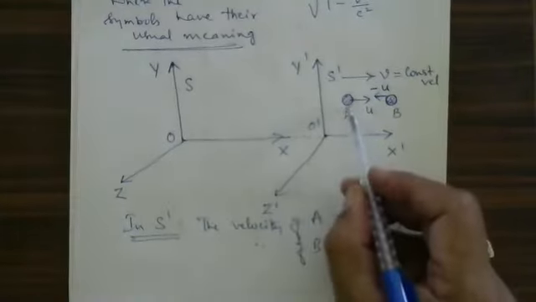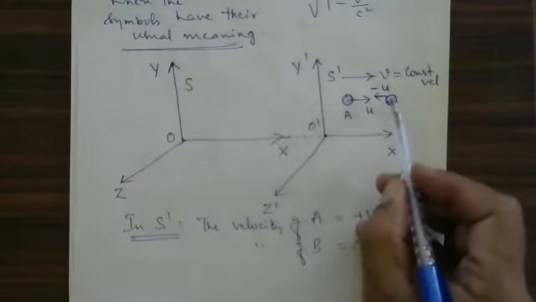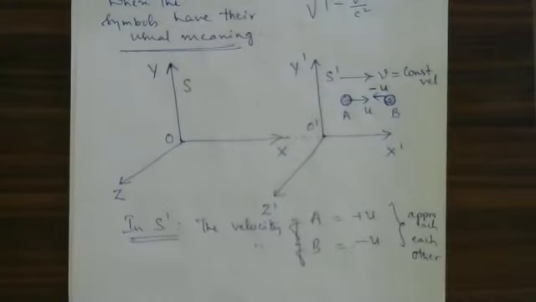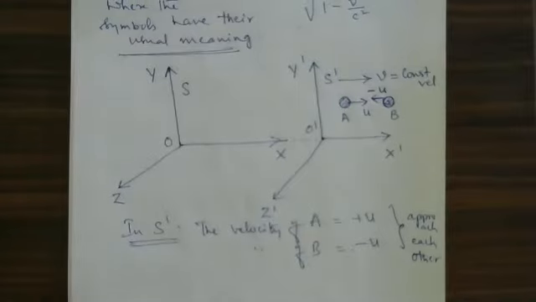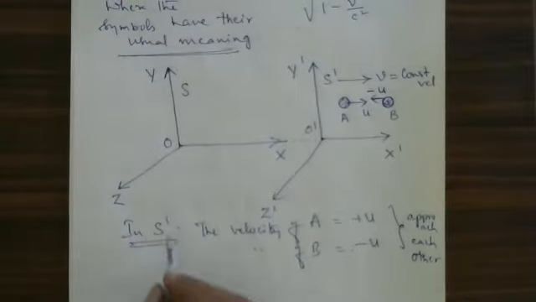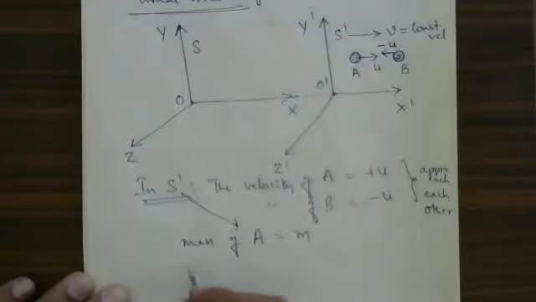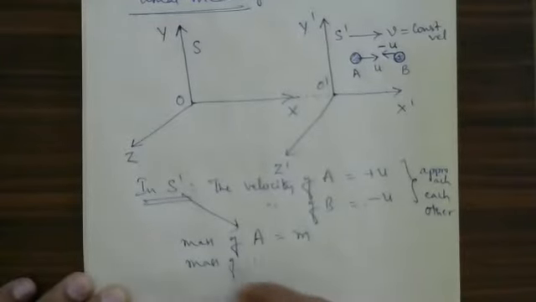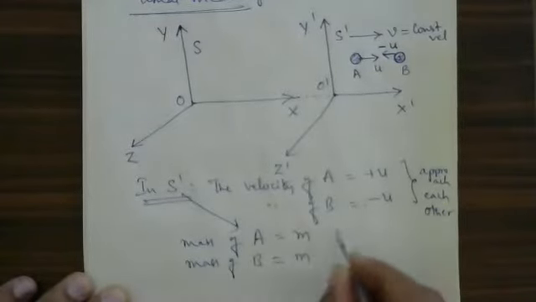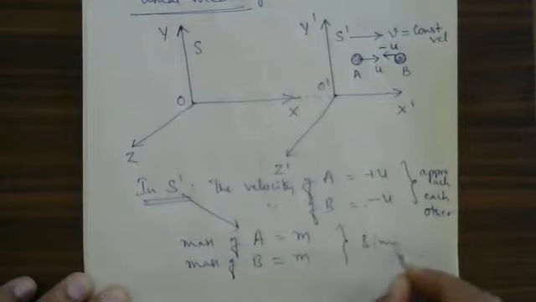This ball is moving along the positive x-axis and this ball along the negative x-axis. Let us consider in the S dash frame, the mass of A as M. The mass of B is also M, because they are similar balls.